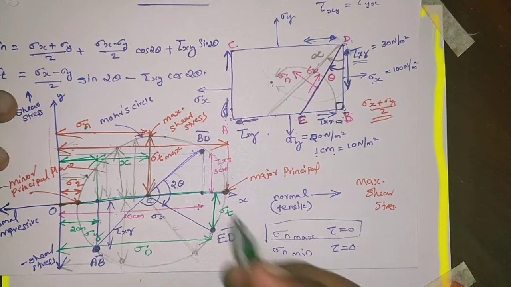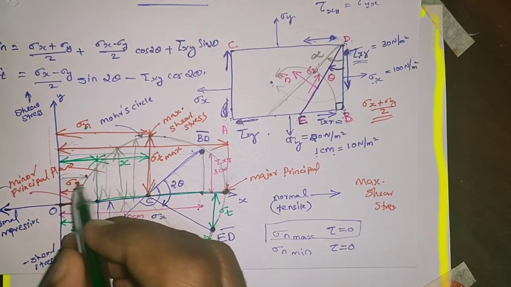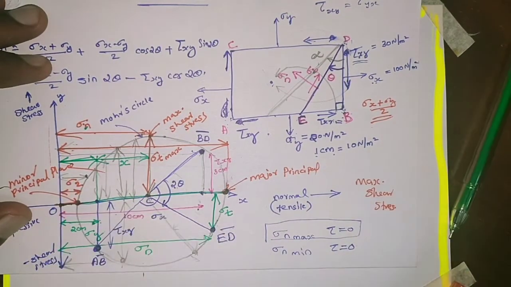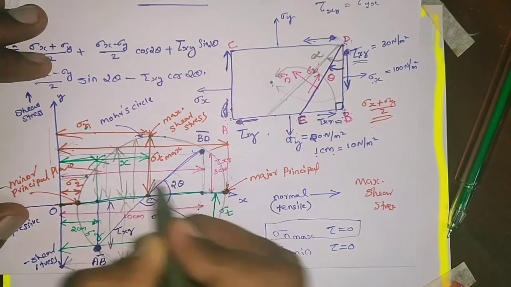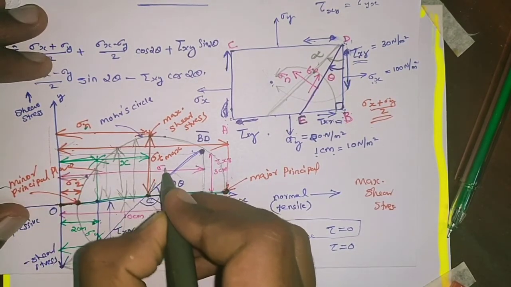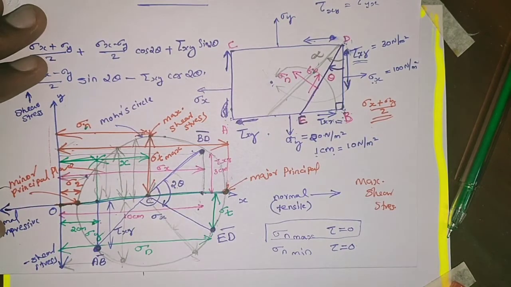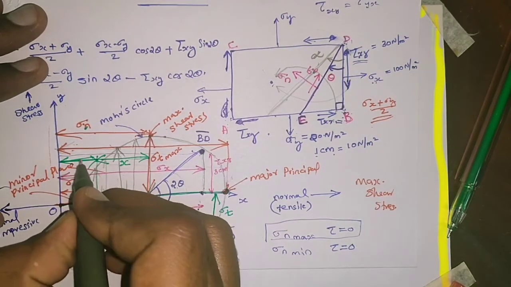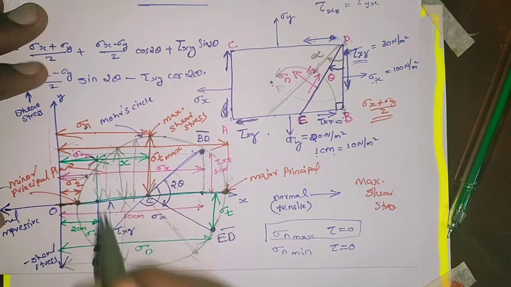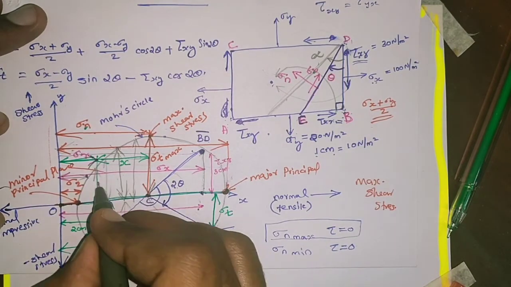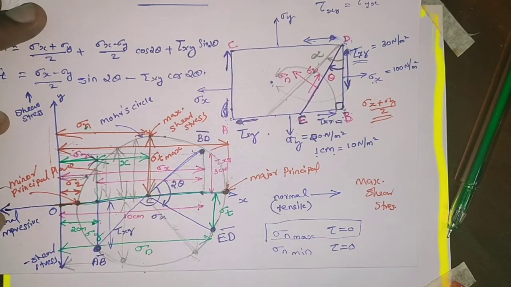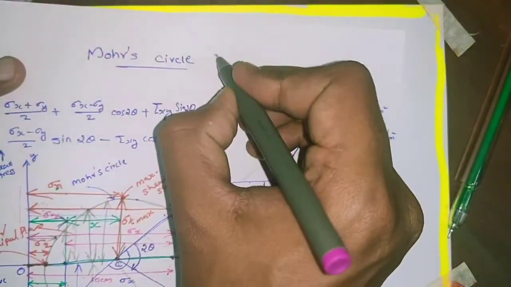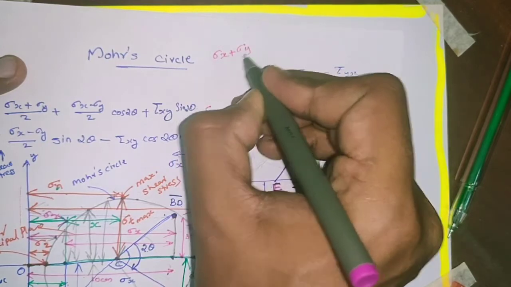This distance is sigma x, and this distance is sigma y. So this distance will be in between sigma x and sigma y, sigma x plus sigma y by 2.